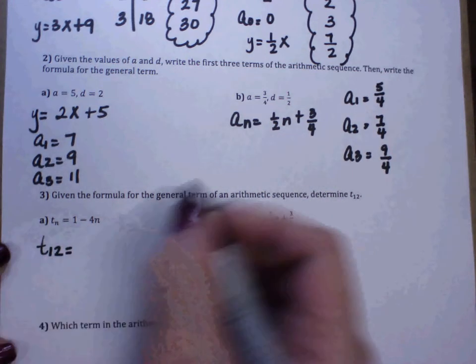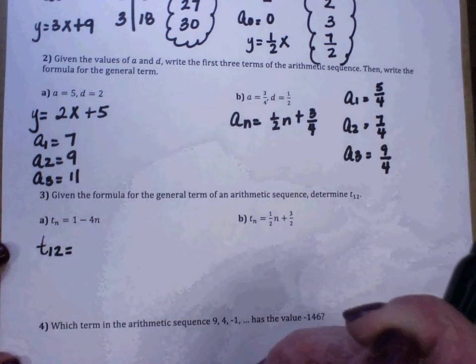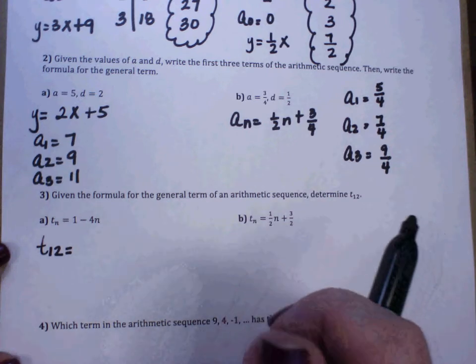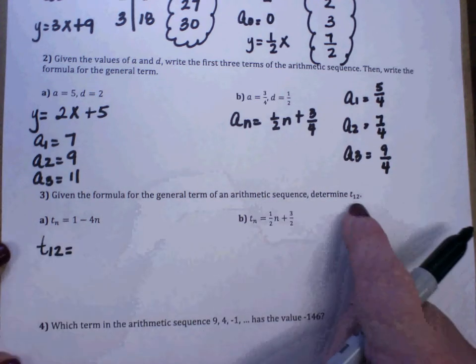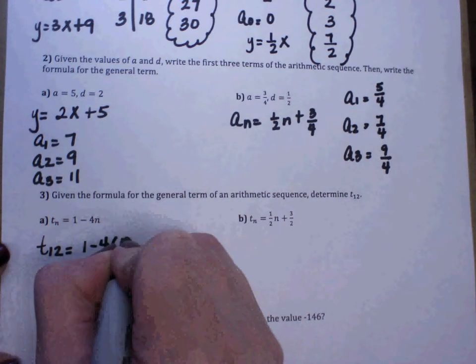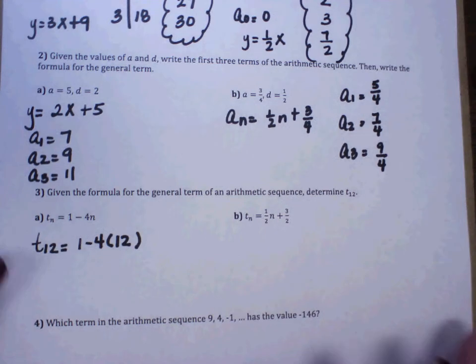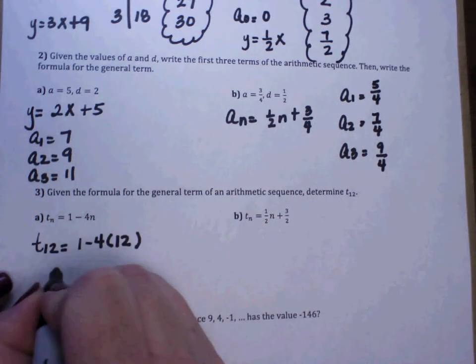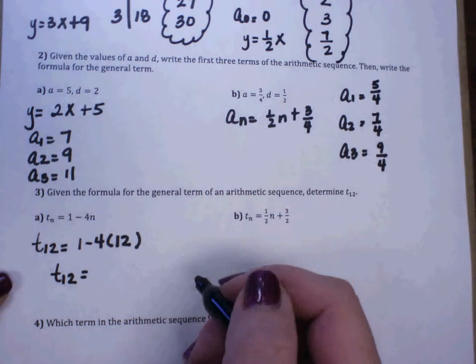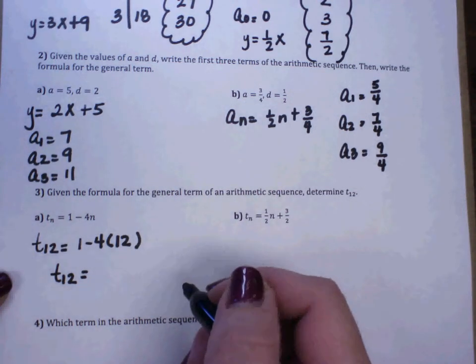It's n. There's your n. There's your 12. All right? So 1 minus 4 times 12. Go for it. Negative 47, I'm sorry. Yes or no? Yes.